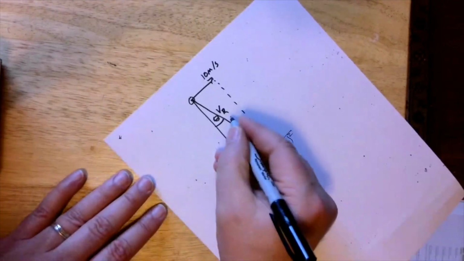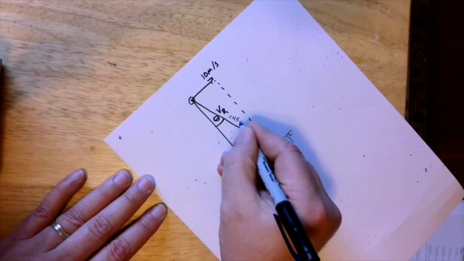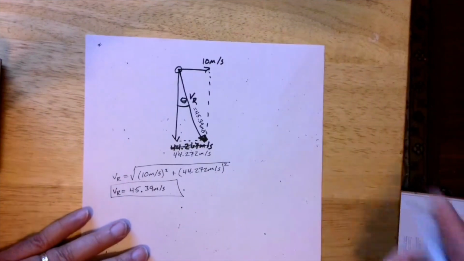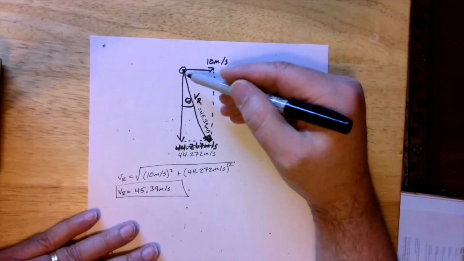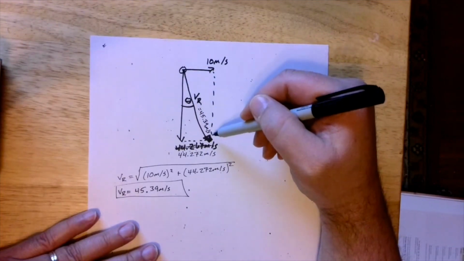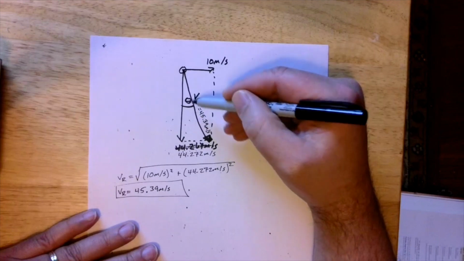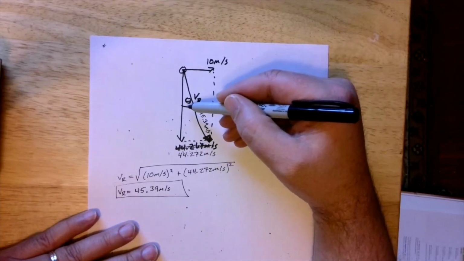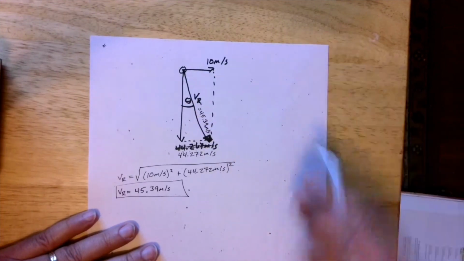So that means that the projectile, right before impact, is going 45.39 meters per second. But it's also going at a very slight angle. So find out what this angle is from the vertical.